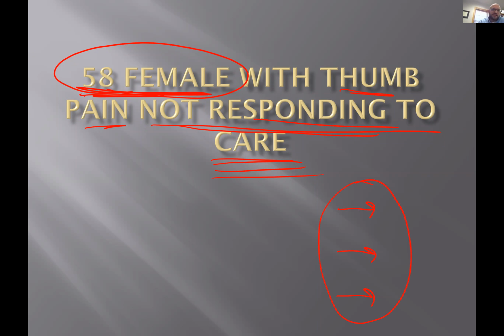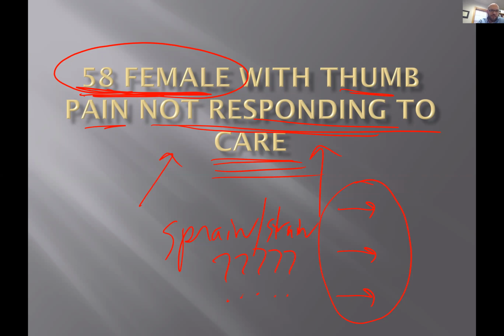When a good doctor, good DC like you guys and gals, say, hey, Dr. Rich, take a look at this. They're not responding to my care. You've diagnosed them with a strain, and they're not responding to your care. There's really only two possibilities.